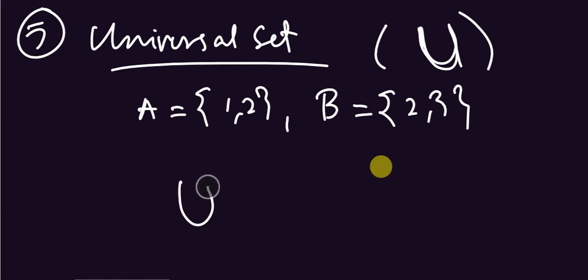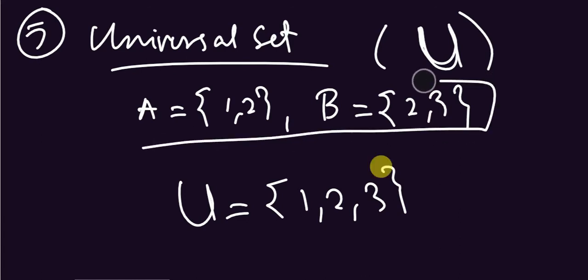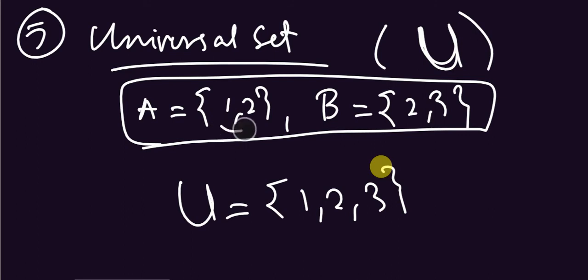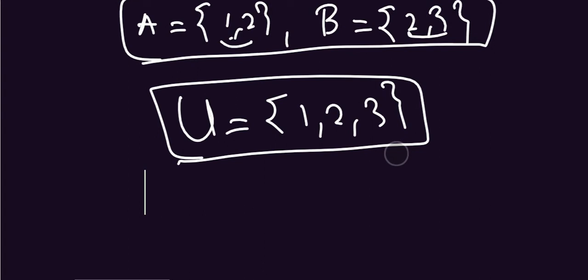So the universal set will be 1, 2, 3, because the universal set contains all the elements of the given sets. A has 2 elements, B also has 2 elements, but 2 is the same, so 1, 2, 3 are the total elements, so this will be the universal set. Understood?